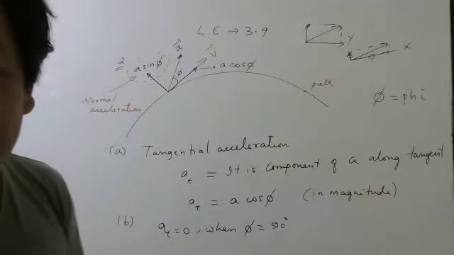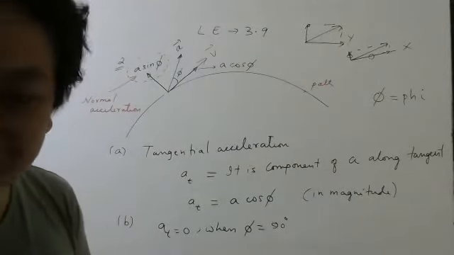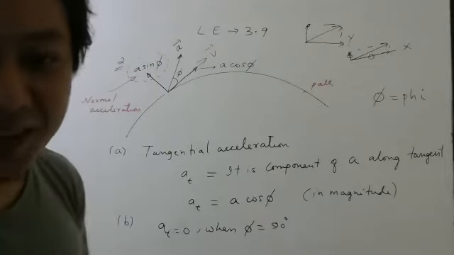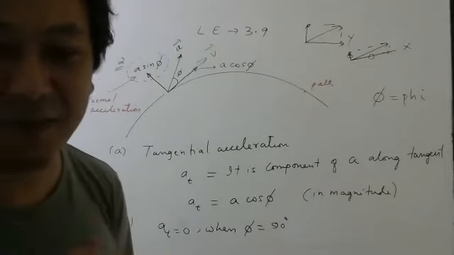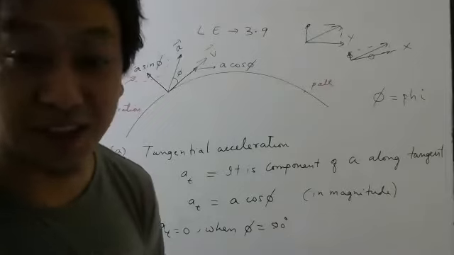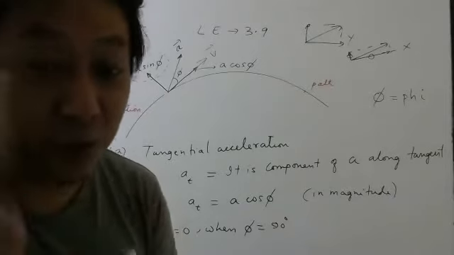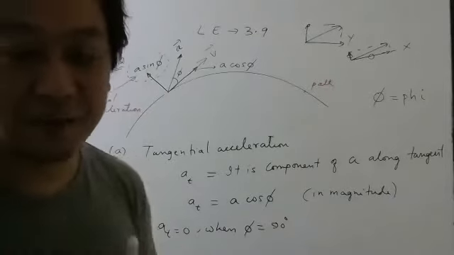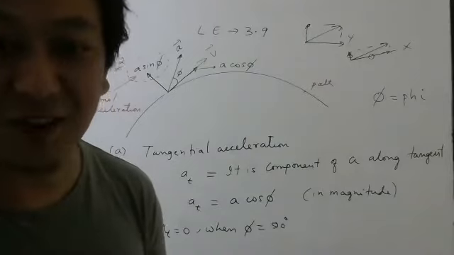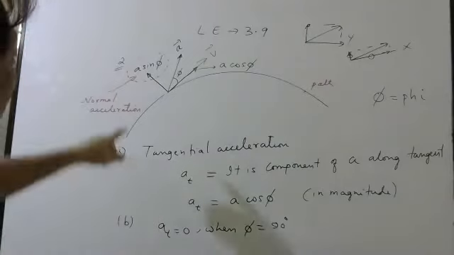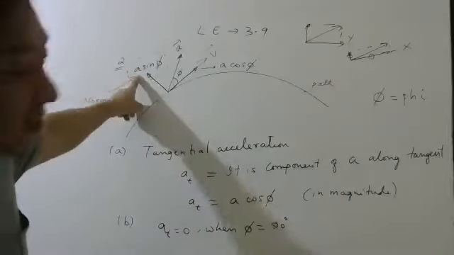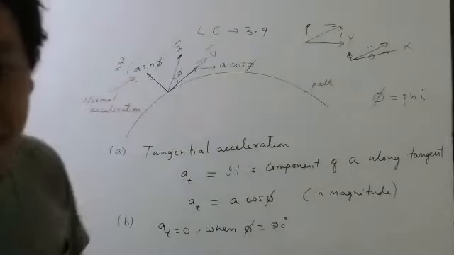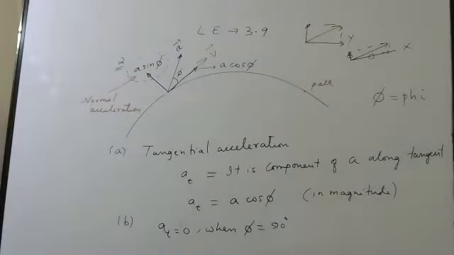Good name or not? Why is it called normal? Tangent, or perpendicular to the tangent. If you remember your school geometry of the circle, the perpendicular to the tangent is called normal. So we call this component normal acceleration and this component tangential acceleration. Chalo, write down.